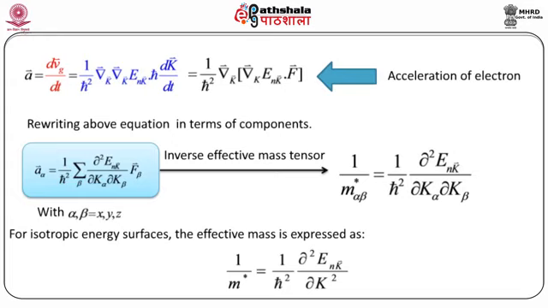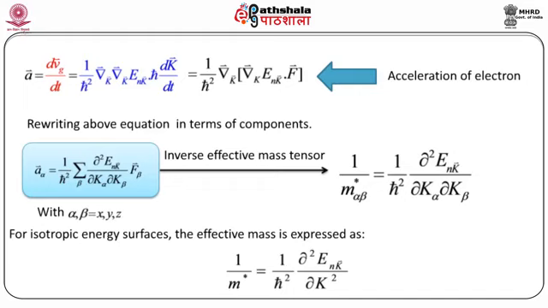Thus from this definition of the acceleration we obtain the inverse effective mass tensor, 1 divided by m alpha beta star is equal to 1 by h cross square, the double partial derivative of E(k) with respect to k alpha and k beta.